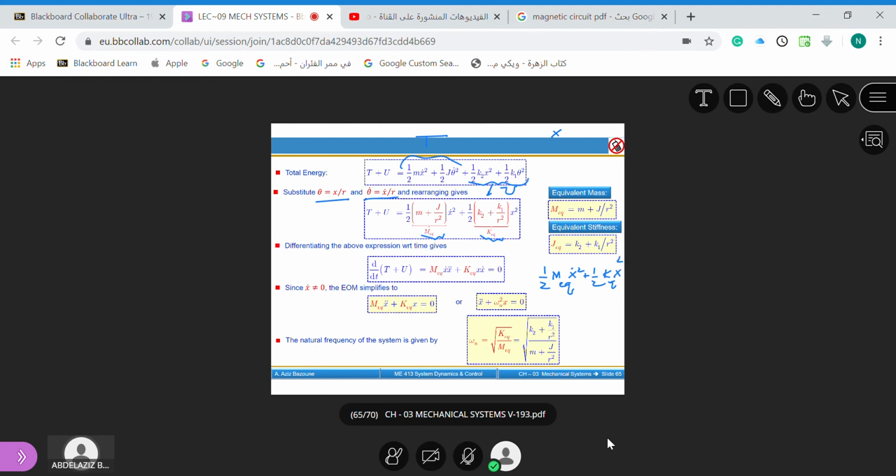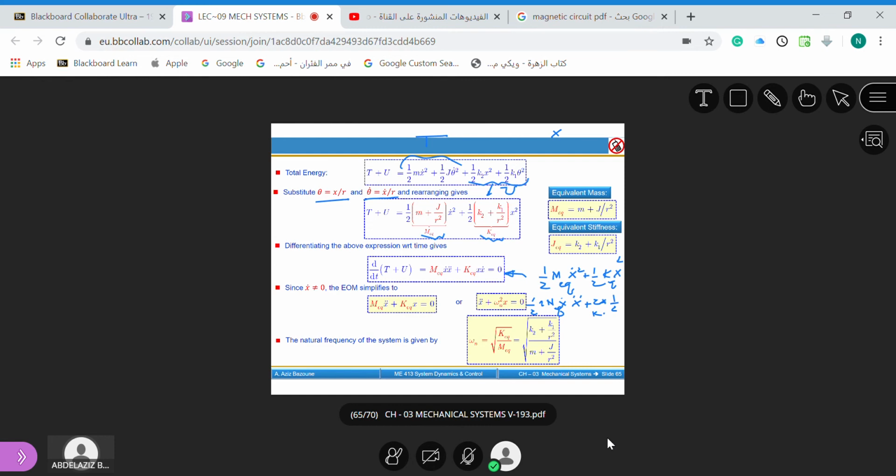Now if I differentiate this equation, the 2 will go with the half, and we have m equivalent x dot x double dot plus K equivalent x x dot equal to 0.